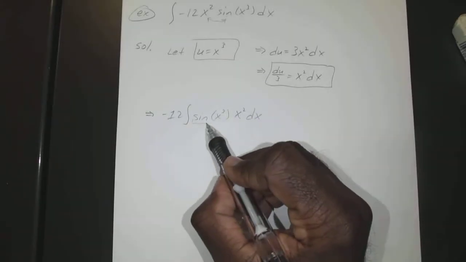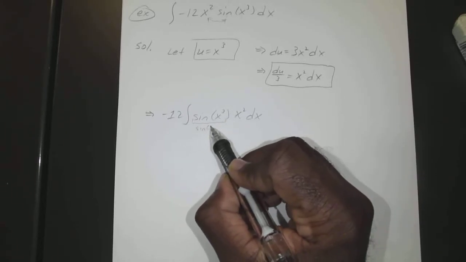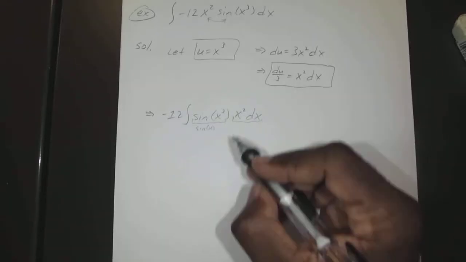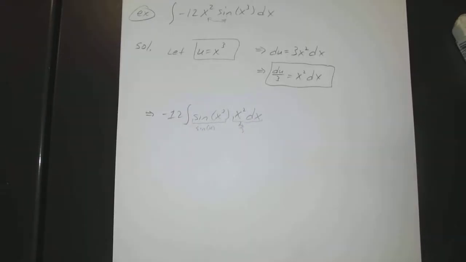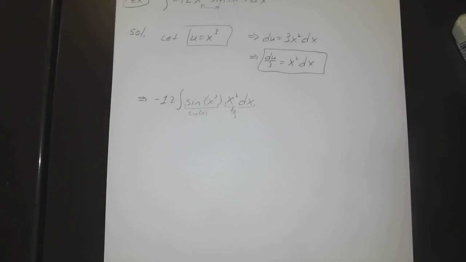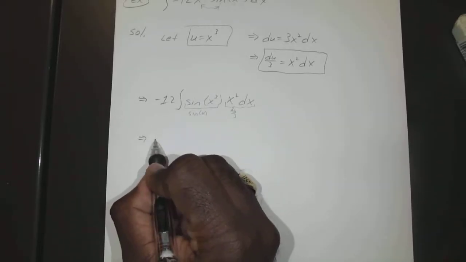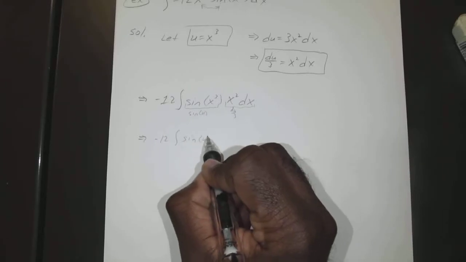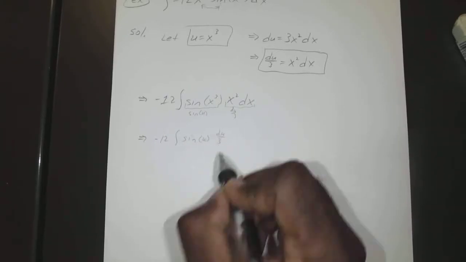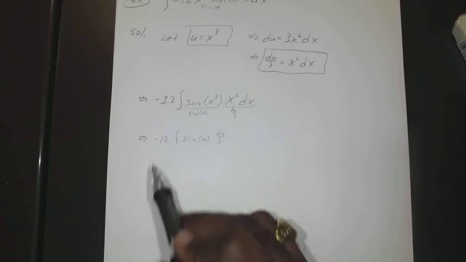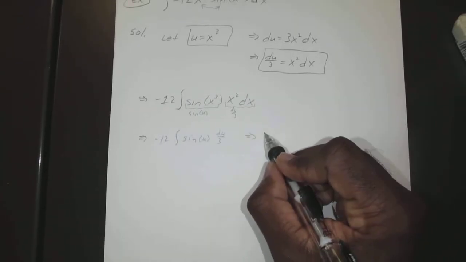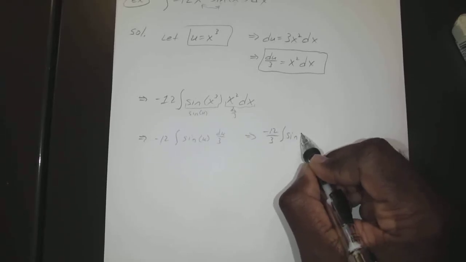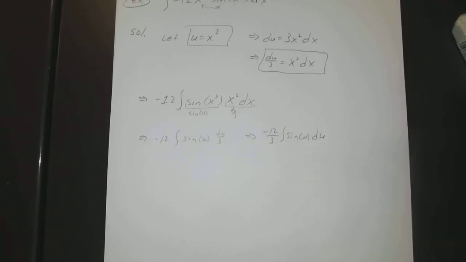Okay, so this gives us our sine of u, and this gives us our du over 3. Okay, so we end up with negative 12 times the integral of sine of u du over 3, and if we bring that 3 right on out, negative 12 over 3 times the integral of sine of u du.